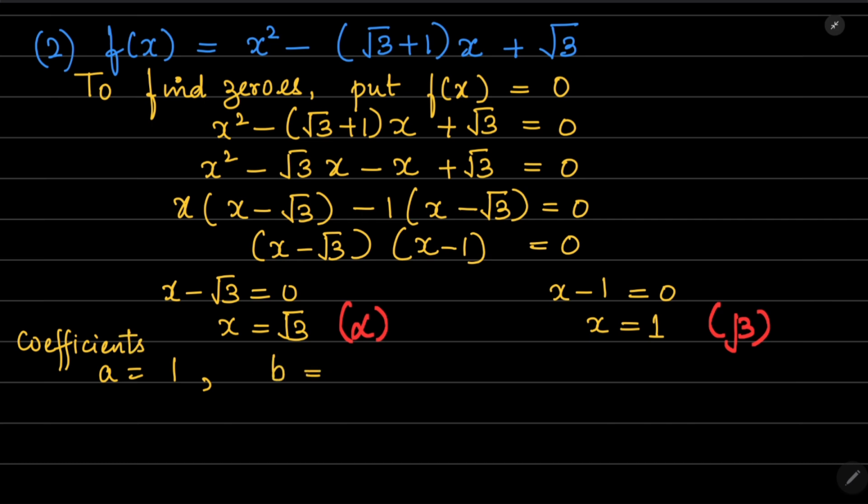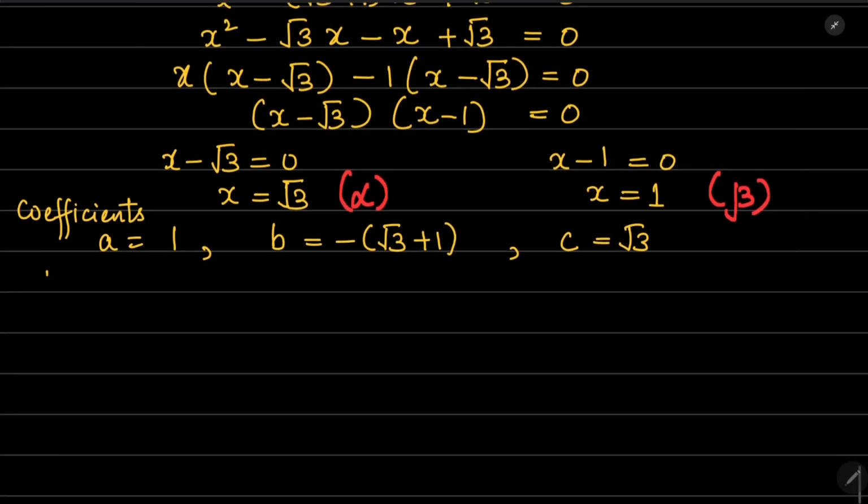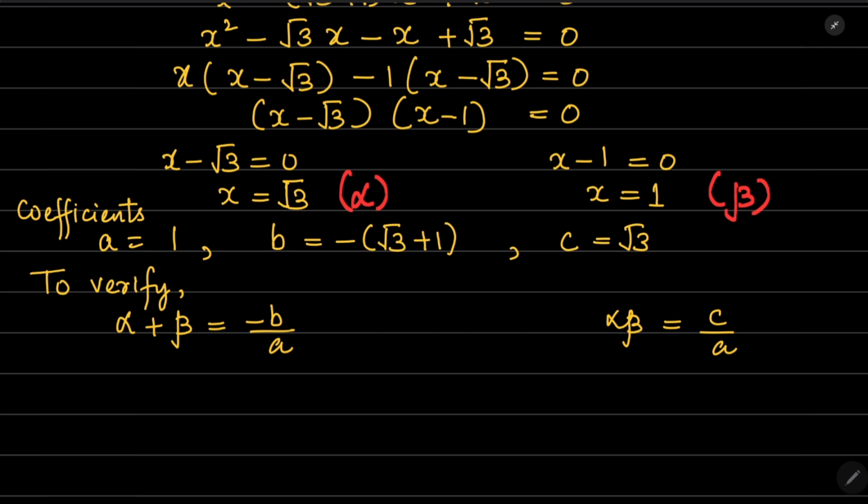Your B is nothing but minus of (root 3 plus 1) from the given question, and your C is nothing but root 3. Now let us verify. So to verify, we know the sum of zeros equal to minus B by A, and your product of the zeros is nothing but C by A. Okay, so alpha beta is equal to C by A. So what is alpha plus beta?